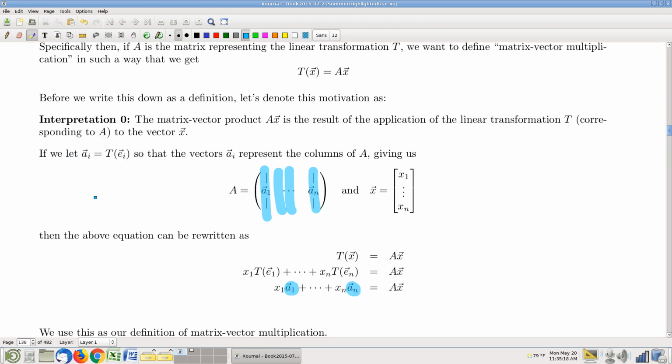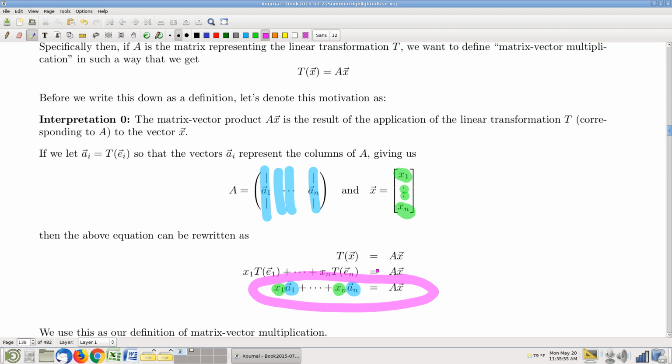And so our formula, if you want to multiply a matrix times a vector, it sort of has to be this. If you want matrix vector multiplication to be consistent with the fact that matrices represent linear transformations, that means that what the linear transformation is doing is indicated by these columns being the images of the standard basis vectors, and linearity forces it upon you that this is your formula for how to multiply a matrix times a vector.